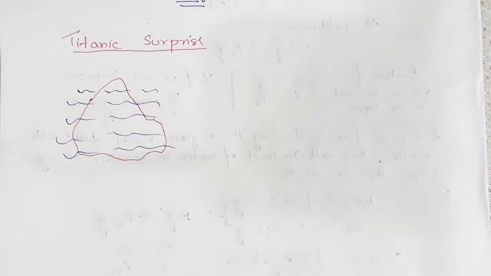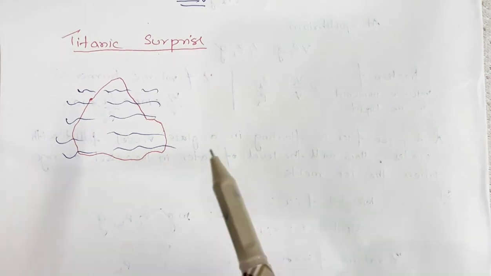So, the Titanic surprise. Now let's see what the Titanic surprise is. As we know, the Titanic met with the accident because of its collision with an iceberg. So now, we are going to identify what the problem with the floating iceberg is.